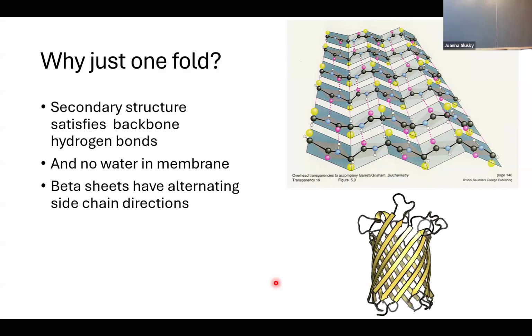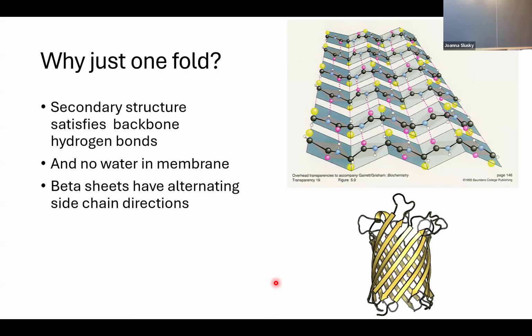And the other thing is that where your side chains are is not along the line where you're doing the hydrogen bonding. So you'll see the side chains here are these yellow spheres, and they're pointed up, down, up, down, up, down as you go along the strand.